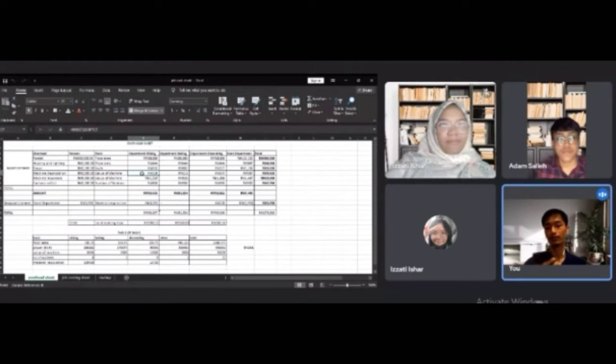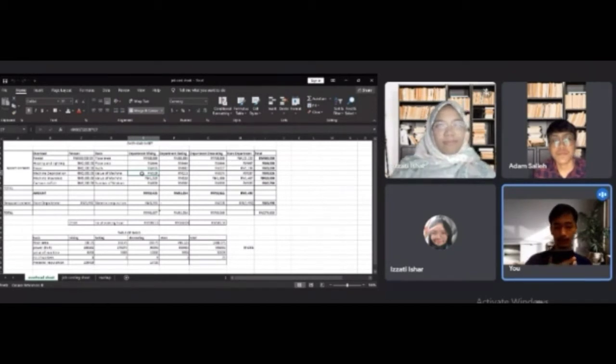The basis we use is the same as machine depreciation, which is value of machine. The formula is the same, but the multiplier is 5,000, so that we get the value.